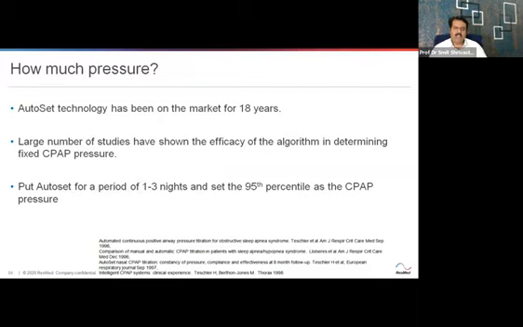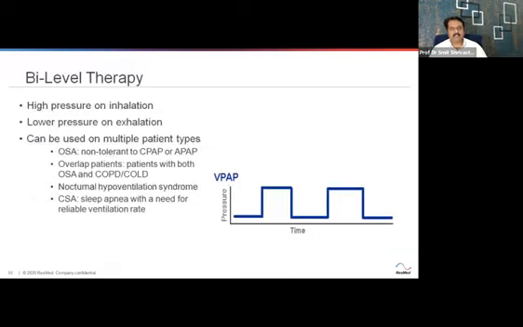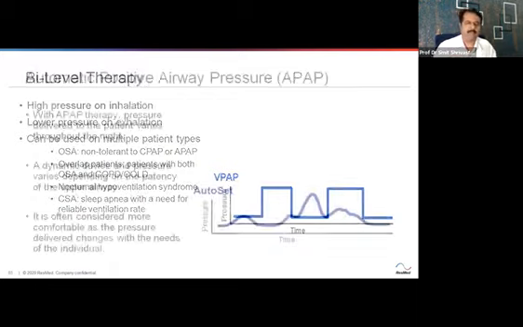So there are auto-set technologies which use algorithms to determine the requirement from the airflow movement through the pipe and the machine, and it can adjust, giving high pressure during inhalation and lowering the pressure during exhalation, so that exhalation is facilitated. It also has openings through which the carbon dioxide can escape, so it does not result in rebreathing of carbon dioxide by the patient during the night.